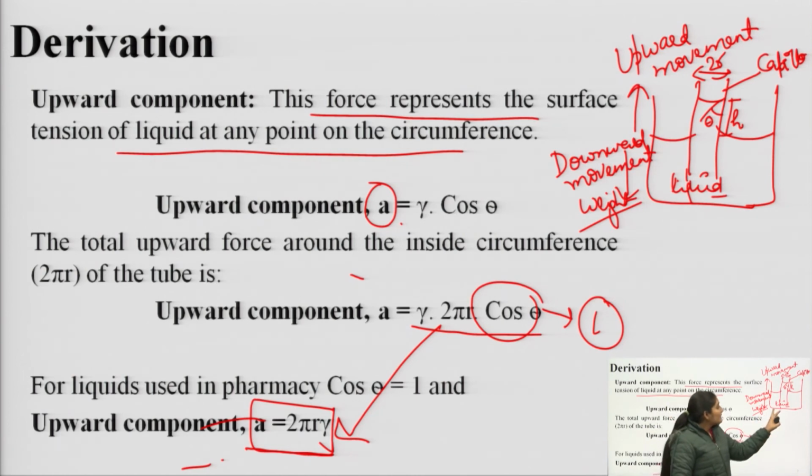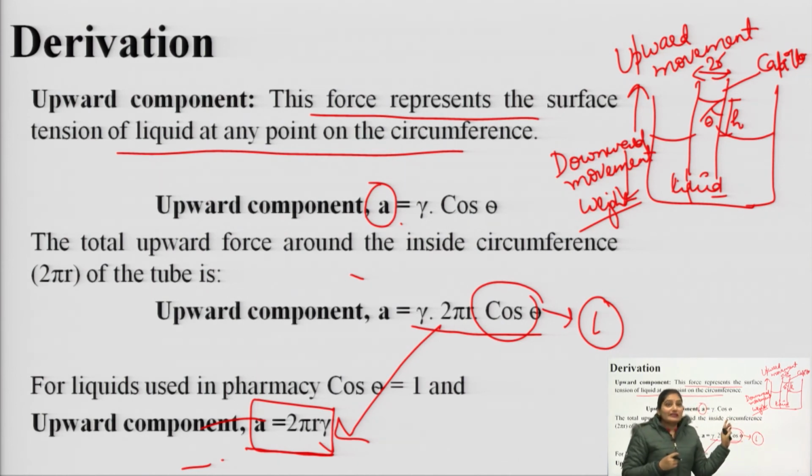This rise is due to the upward movement from the surface tension, and it will continue until it is balanced by the downward movement, which is due to the weight of the liquid that has risen in the capillary tube.